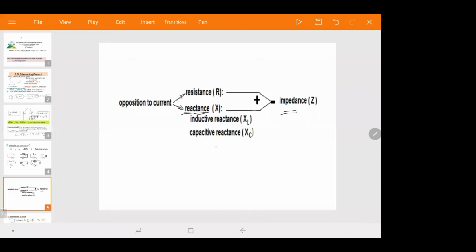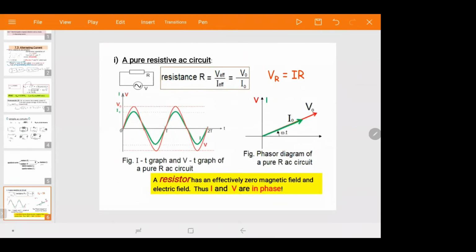Are we going to divide 0 over 0? No. All of them are defined as effective voltage over effective current. I said all four. What all four? Resistance, inductive reactance, capacitive reactance, and impedance.